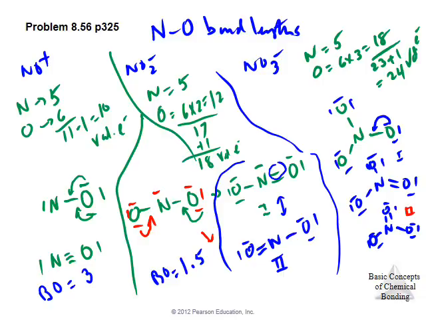And structure 3 would have N double bond O on the left side. So it's going to be N double bond O, single bond O, single bond O. 2, 4, 6, 2, 4, 6, 2, 4.